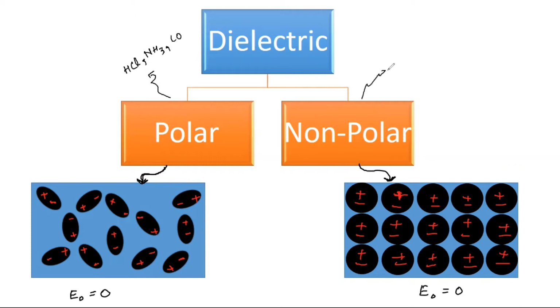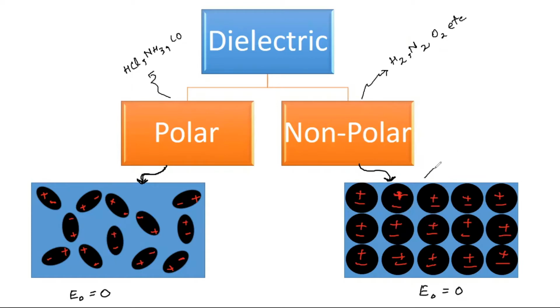And when we talk about non-polar dielectric substances, we have H2, N2, and O2. These are just a few examples of non-polar dielectric substances. So as you can see here, these are the two types of dielectric: polar on one side, and on the other side non-polar substances, right?